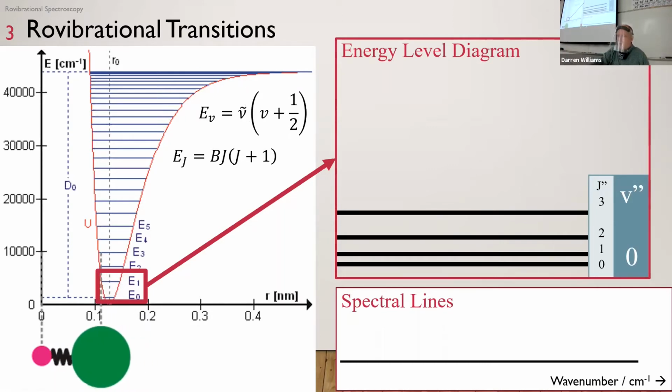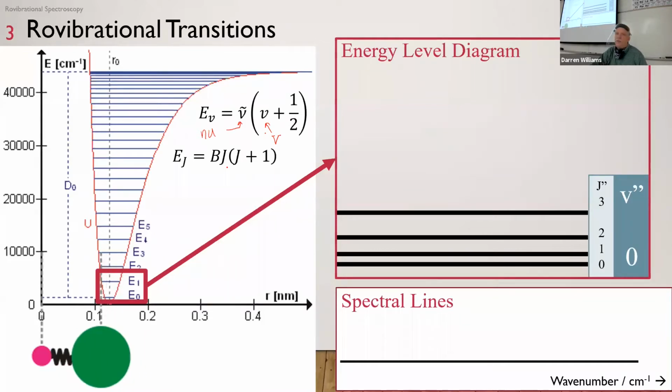I'm going to make a note here that this is nu, and this is V. I don't have a good way to change the font in the equation editor for PowerPoint. I just want to make sure that you know the vibrational quantum number is inside the parentheses.